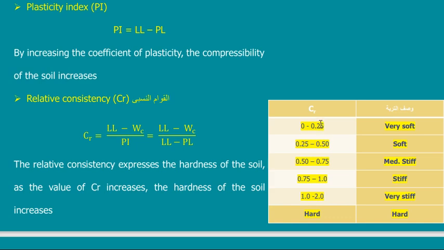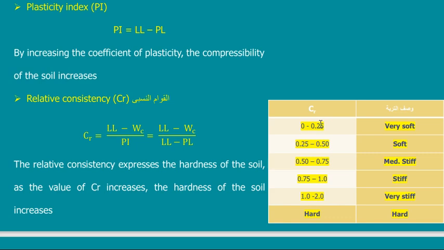So now here you find that I'm trying to change everything in our life from depending on my judgment into numbers. If I give you a sample of clay, you tell me that this clay is soft, and I give it to somebody else, and they will tell me it is very soft.